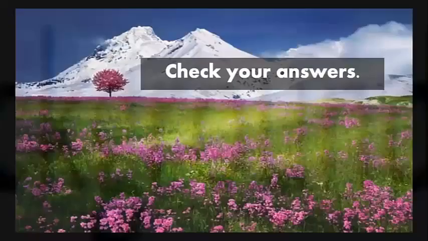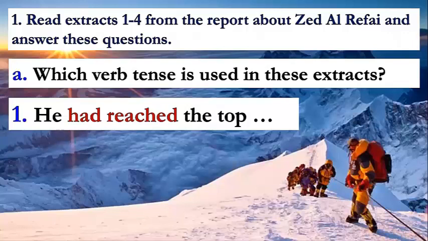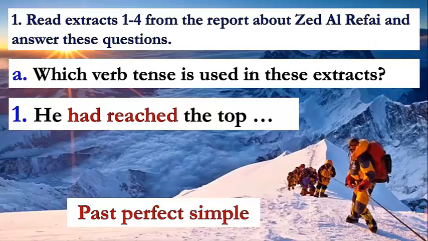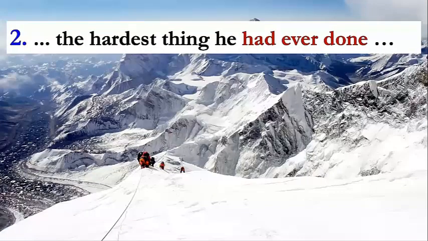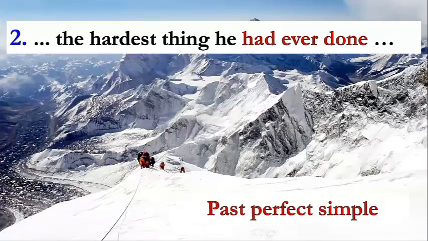Let's check the answers for these two questions. The first sentence here, he had reached the top. Which verb tense is used in these extracts? Past perfect simple. Sentence 2. The hardest thing he had ever done. The tense here, past perfect simple.